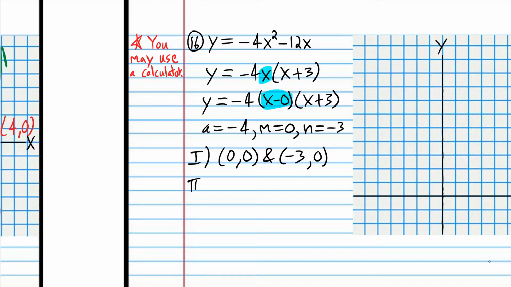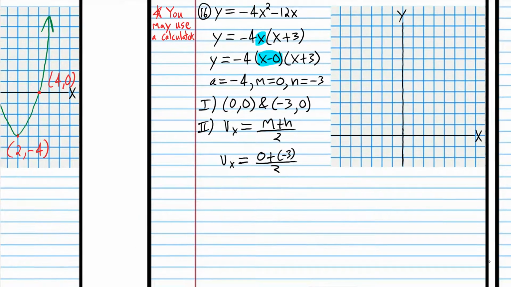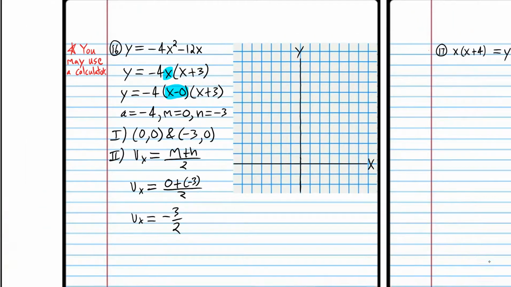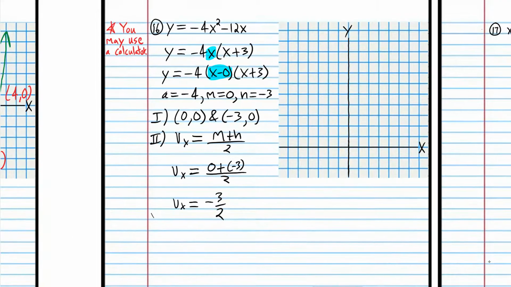So now we go to step 2 to find the x value of the vertex, which is just m plus n over 2. And we have 0 plus negative 3 over 2. And this is the problem. We end up with a fraction. And you can write that as a decimal or a fraction, whichever way is easier.